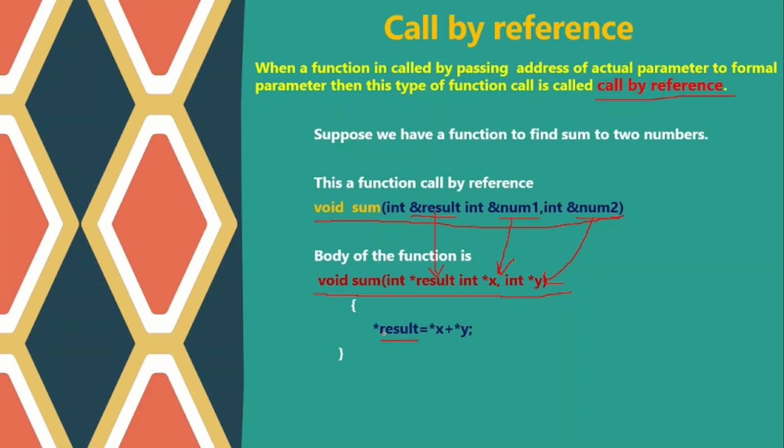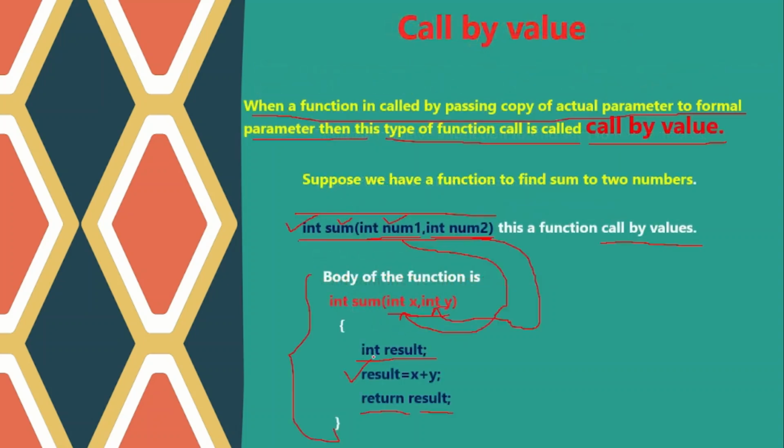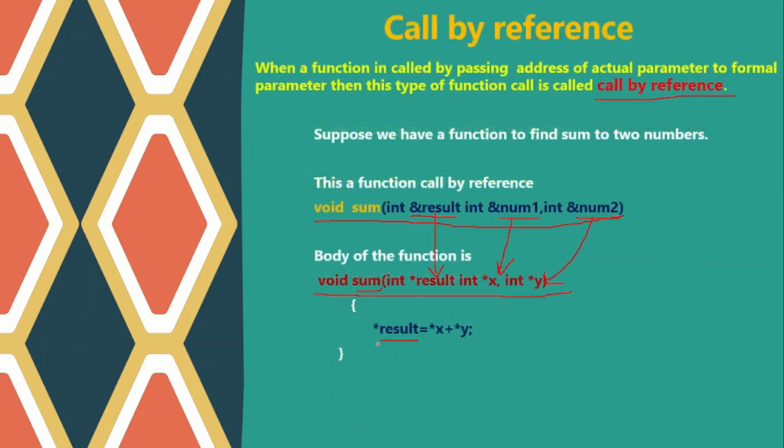See it here. This result variable is not part of this function sum. Clear? Earlier, go back. Here we have taken a local variable result. Then we have added, we put the sum in the result variable. Then we have returned this result, and then it went to the main function. But here we are not declaring any local variable.